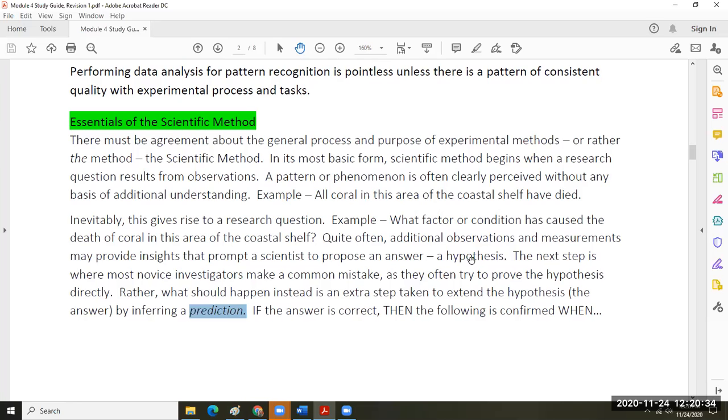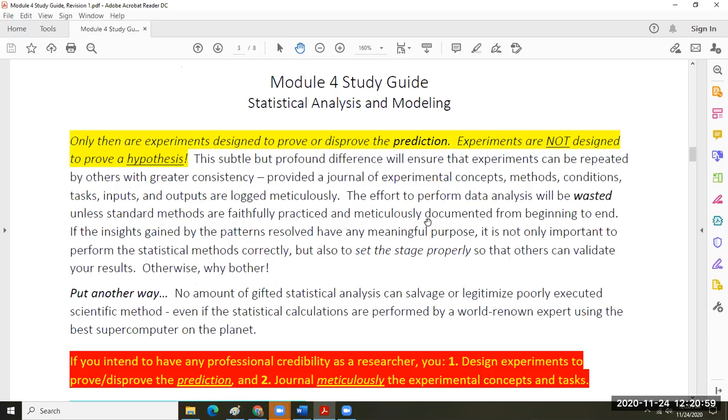People are fixated on the hypothesis or the research question and the informed answers. What needs to happen is the extra step. You have to take the extra step to infer a prediction that you can use to design the experiment. So what am I saying? You only design an experiment based on the prediction, not on the hypothesis.